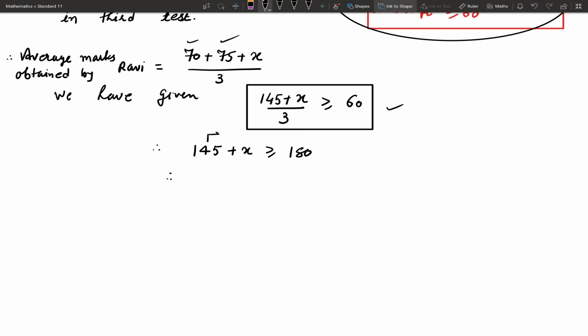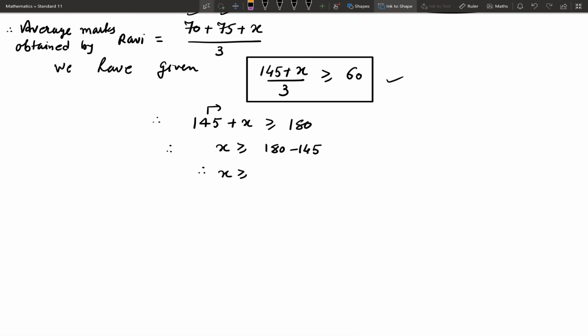So transfer this term, X greater than or equal to 180 minus 145, therefore X greater than or equal to 35. So its interpretation is Ravi should get greater than or equal to 35 marks in the third test to get an average of at least 60 marks.